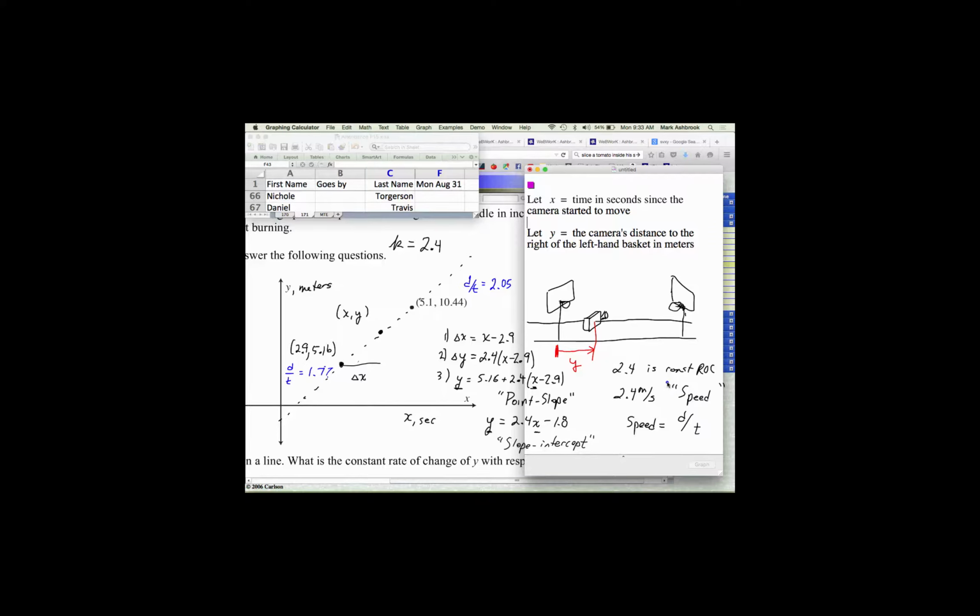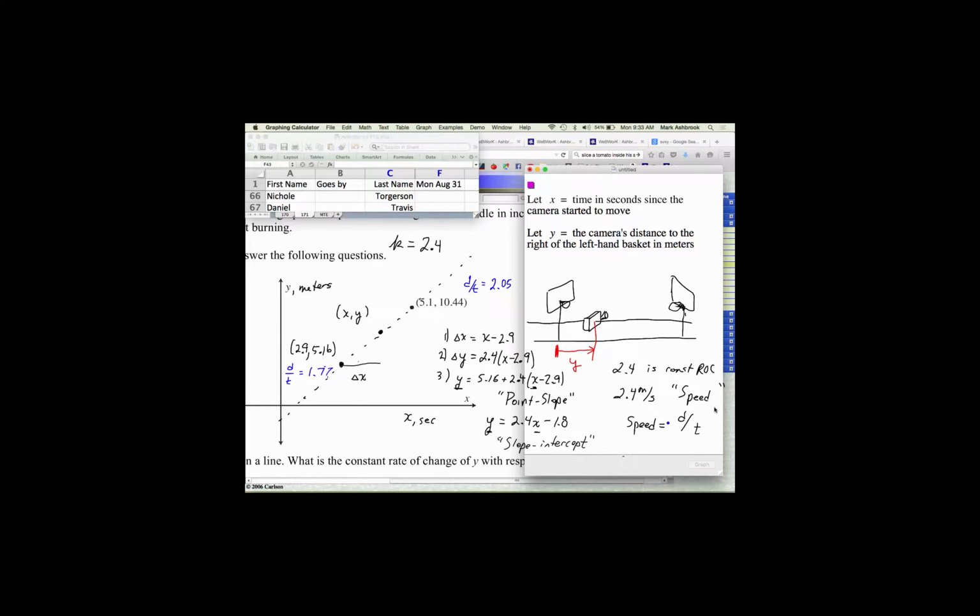It's the constant rate of change. So it's the change in our y quantity over the change in our x quantity. And why is that important? We just proved why it's important. Because if you do distance over time, you get something else. Like Daniel was saying, those are just values of distance and values of time rather than a change in distance over a change in time.